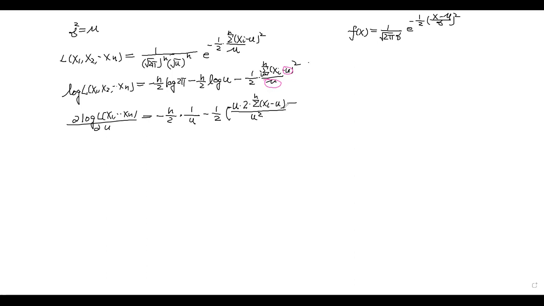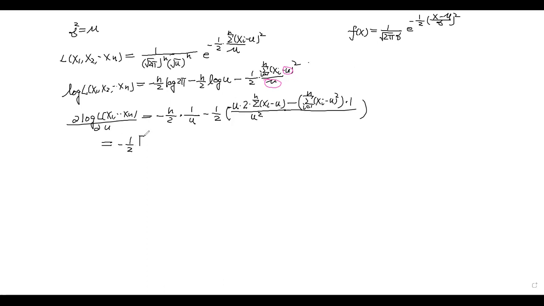Then minus, you hold the top, the summation from i equals 1 to n of xi minus mu squared, the whole thing times the derivative of the bottom, which is 1. Now we need to be very careful and do a lot of algebra. So you can factor the negative 1/2 out.